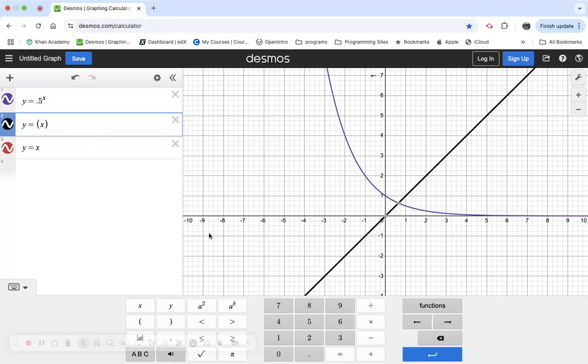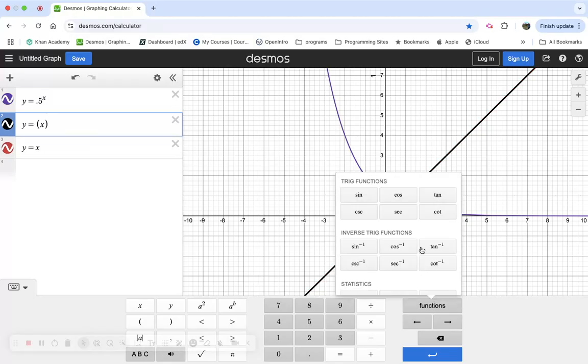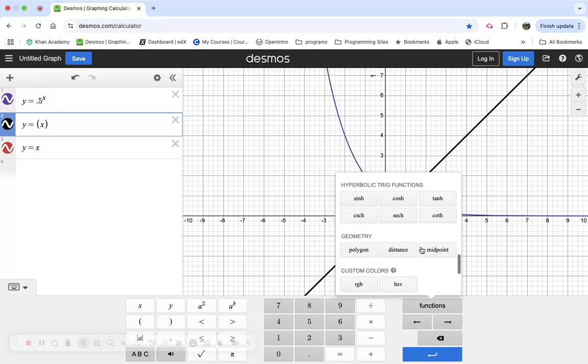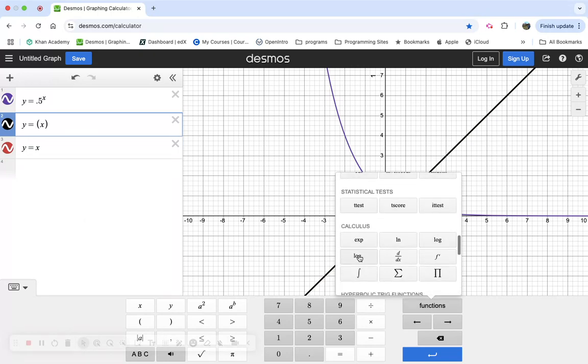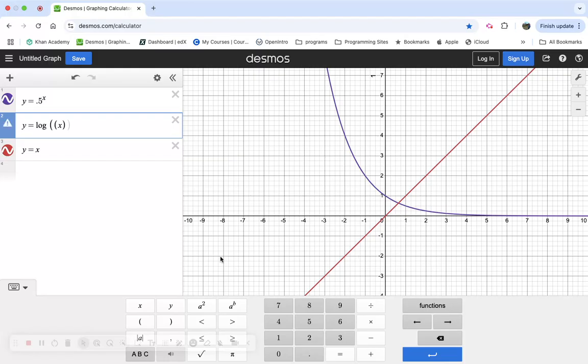Hold on. Functions. Is it log base a at 0.5? Here we go, so it does work. And you can see it's still symmetric about the line y equals x.